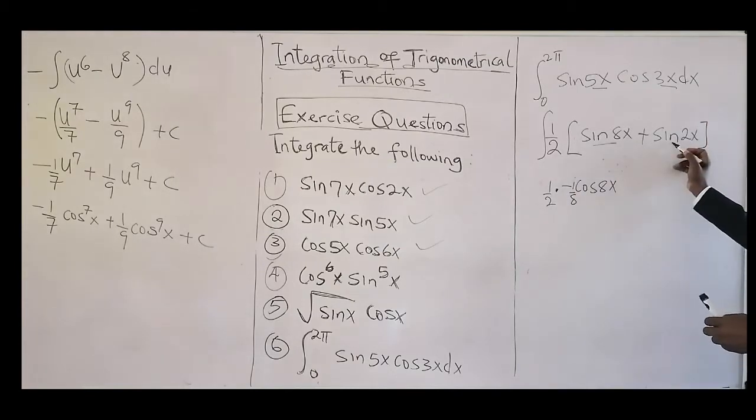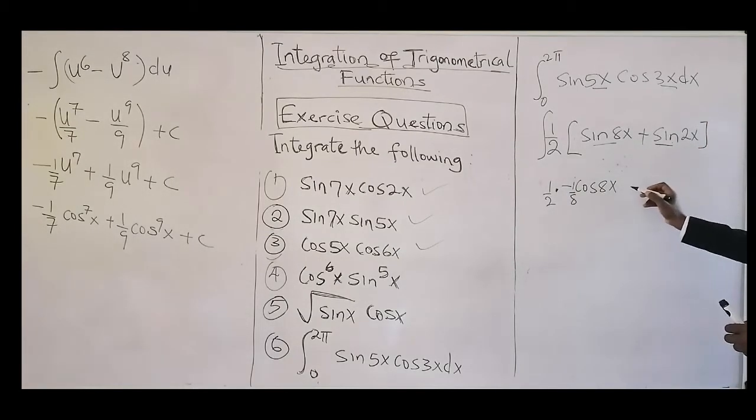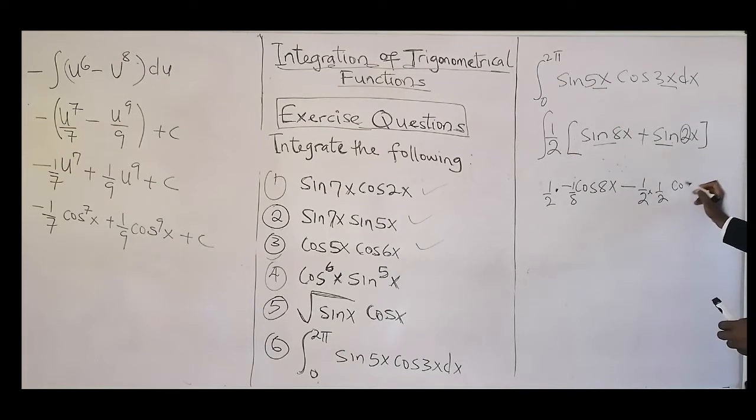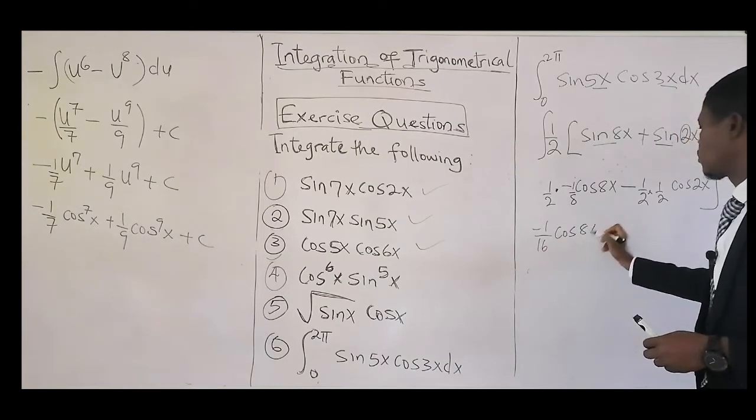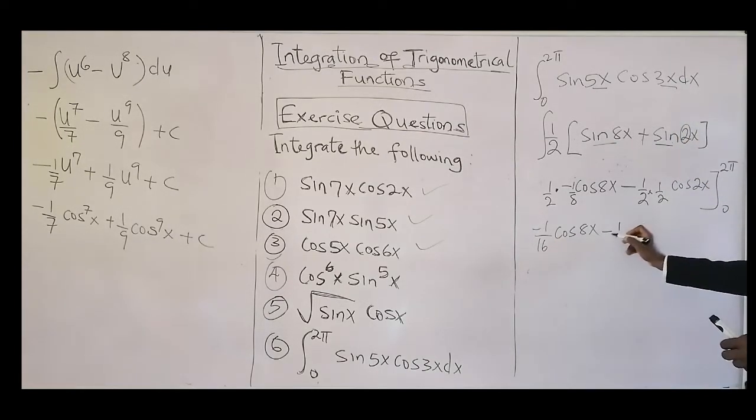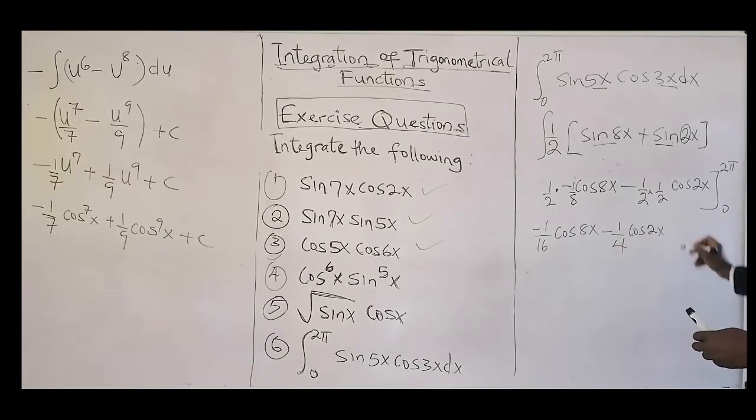Then this one also, the integral of sine is minus cos, then half outside times, we have to divide by 2 also, 1 over 2, and then cos 2x. Then your substitution, 0 to 2 pi. So this is equal to minus 1 over 16 cos 8x minus 1 over 4 cos 2x.